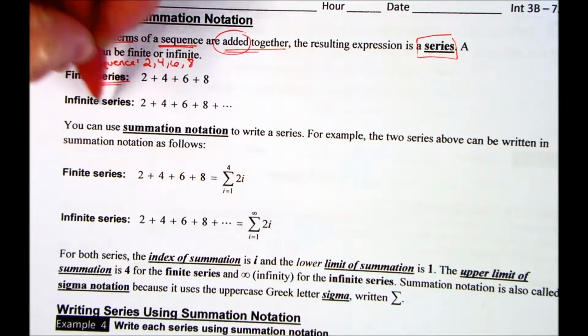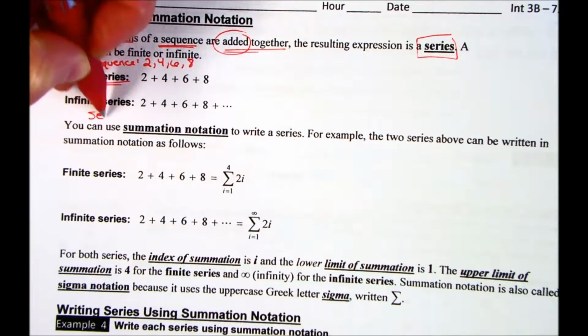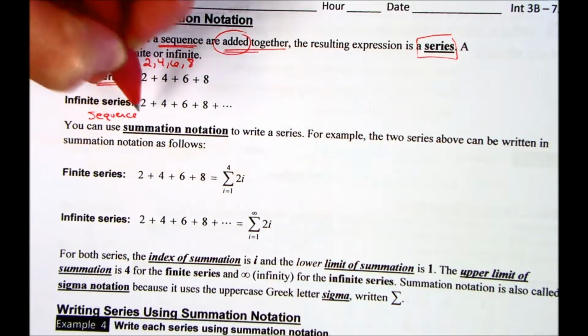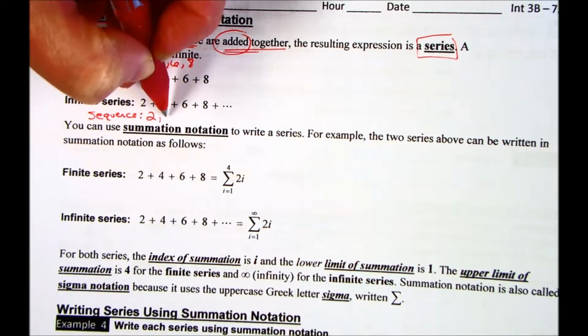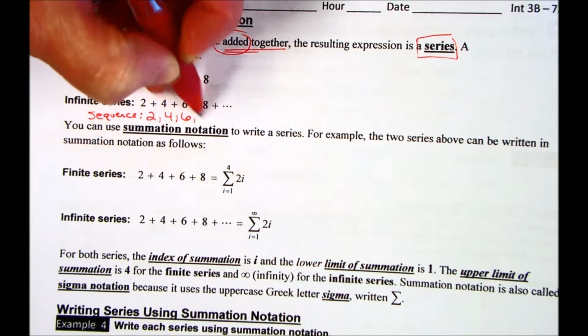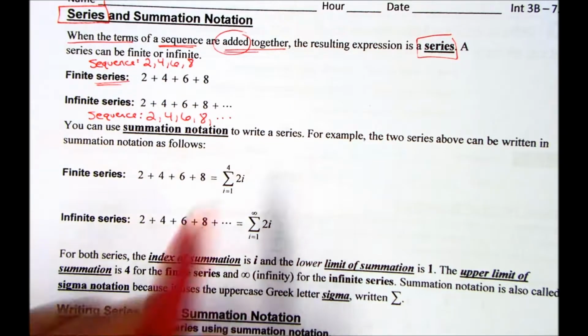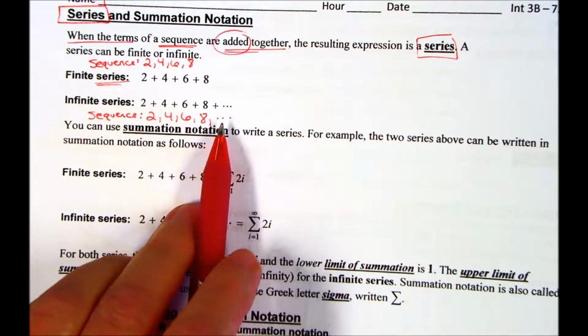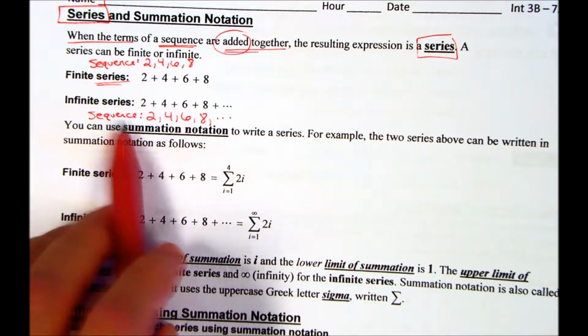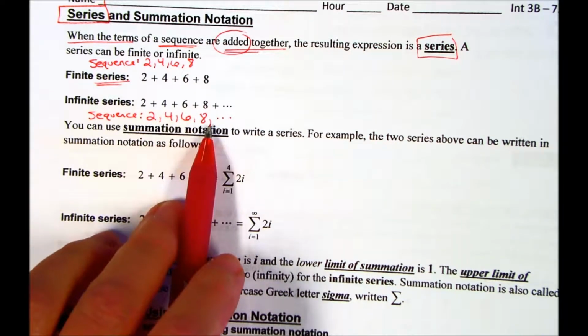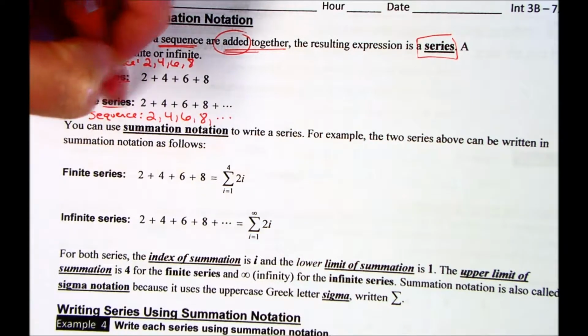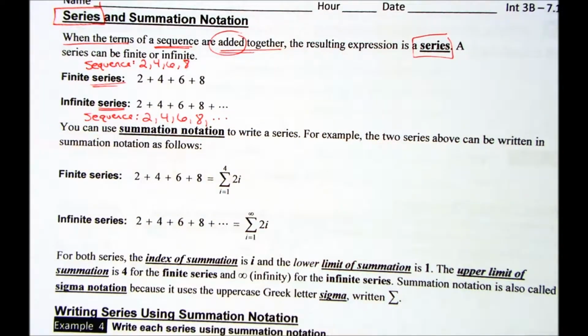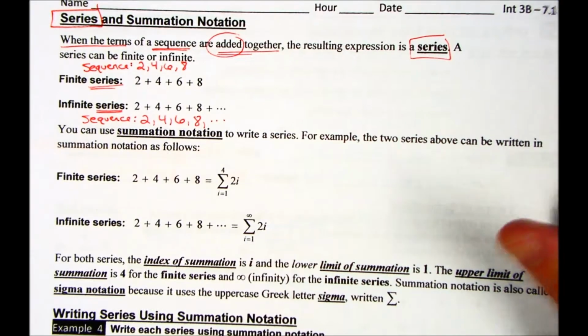And the infinite sequence again had commas in between, 2, 4, 6, 8, dot, dot, dot. The dot, dot, dot signifies that it's infinite. If you're writing a sequence, you're just putting commas in between, whereas if you're writing a series, you're going to be adding. All right, continuing on.